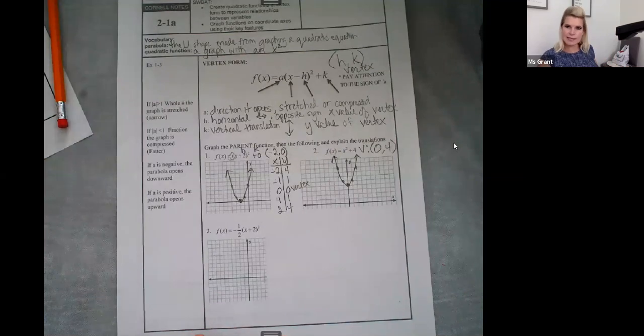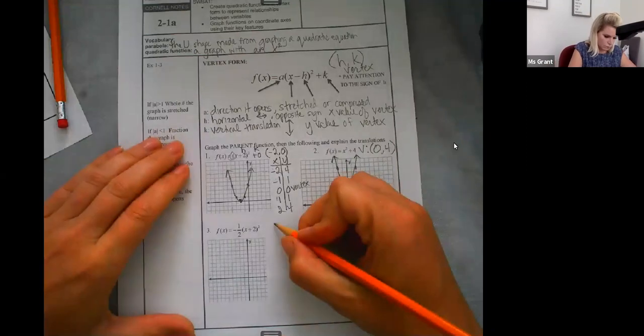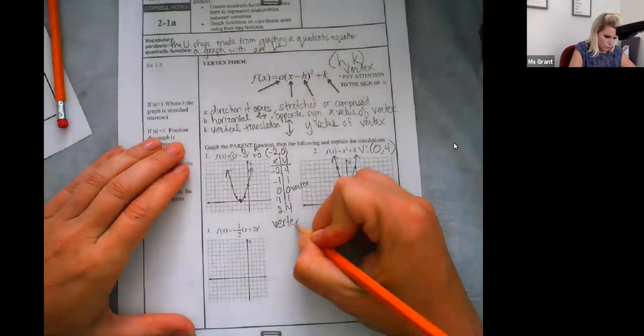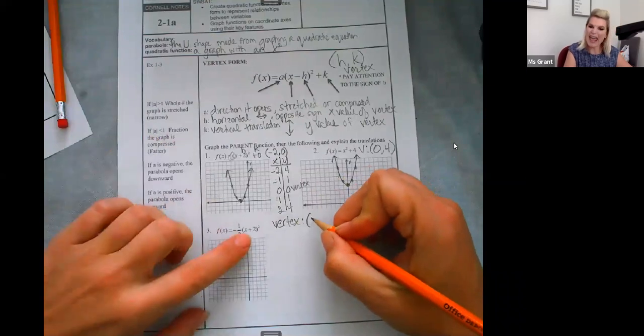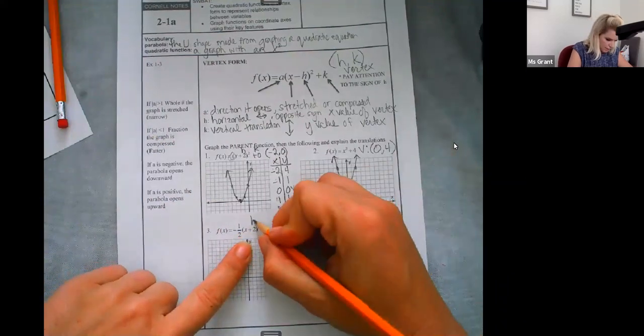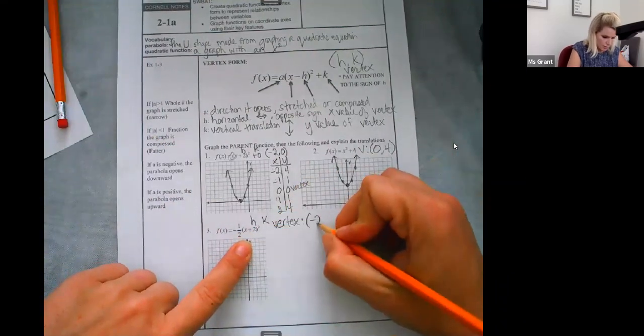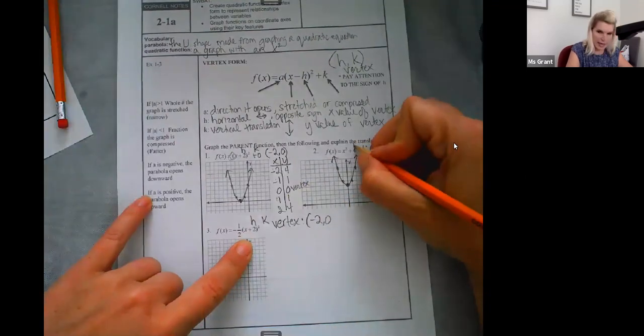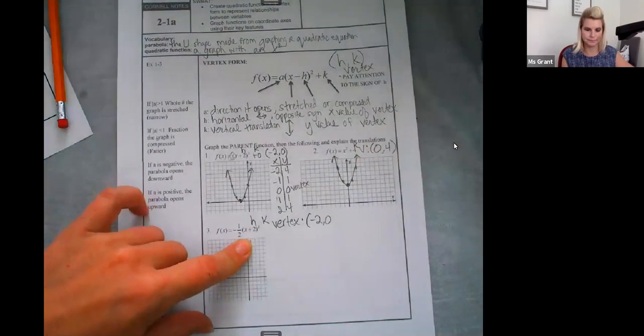1/2, and it's negative. First job, what's the vertex? -2, 0. This was just k. Sorry, I forgot to put that.